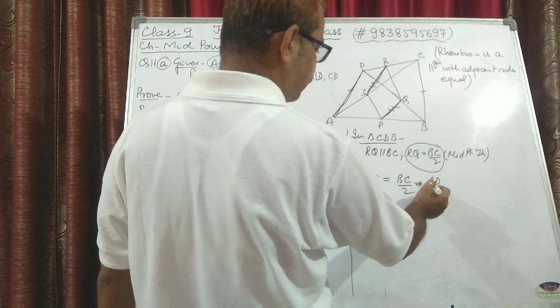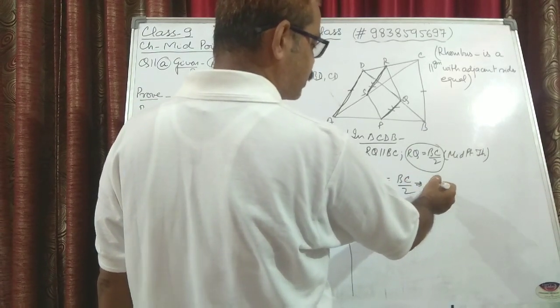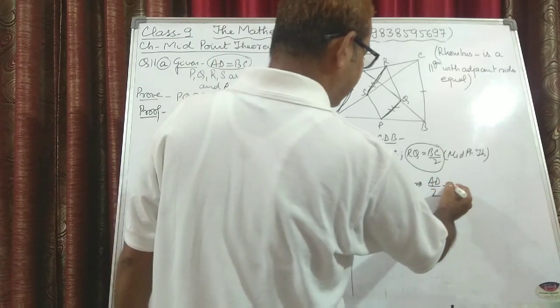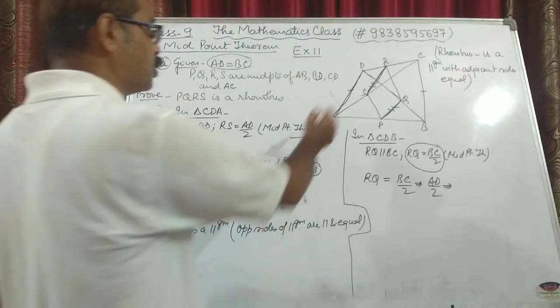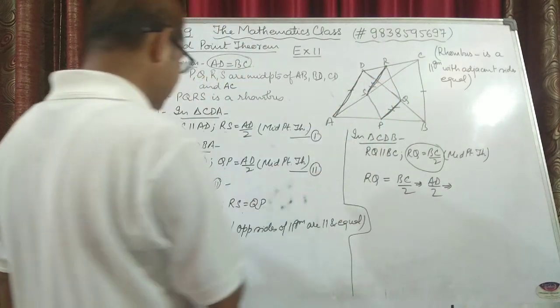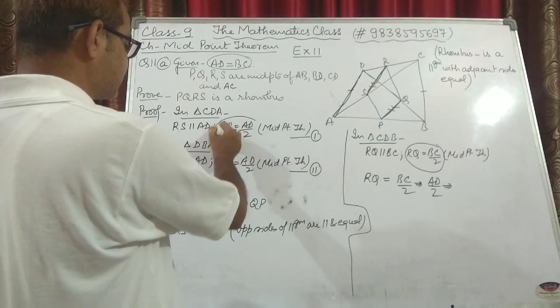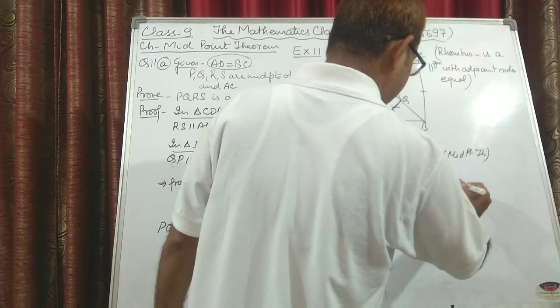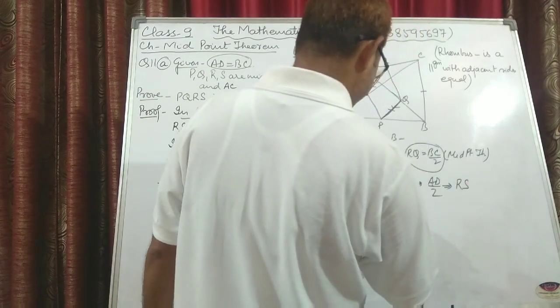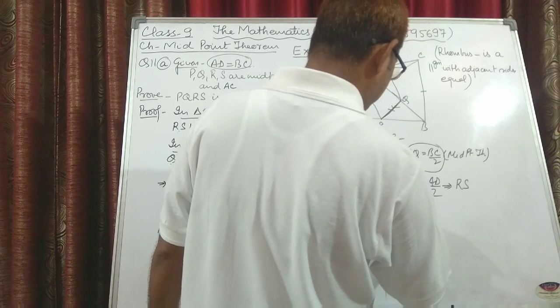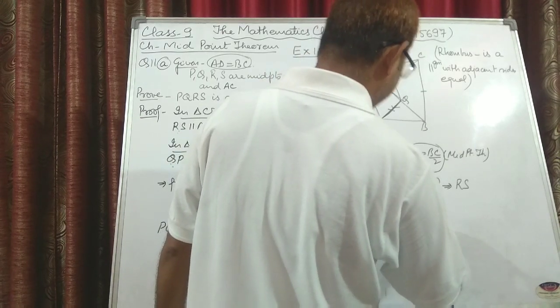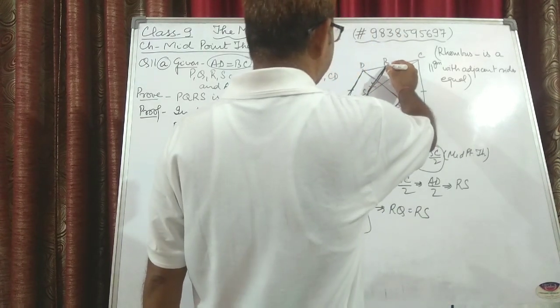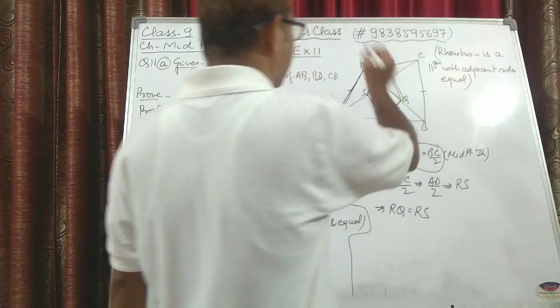Now AD upon 2 is your RS side. We have written RS is equal to AD upon 2. So in place of AD upon 2 we can say RS, which implies that RQ is equal to RS.